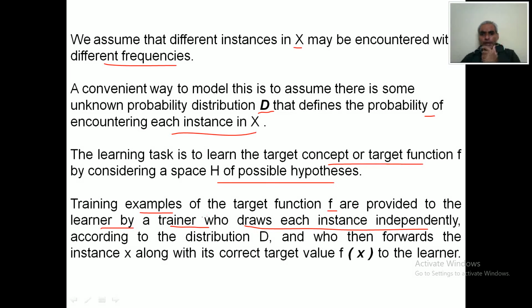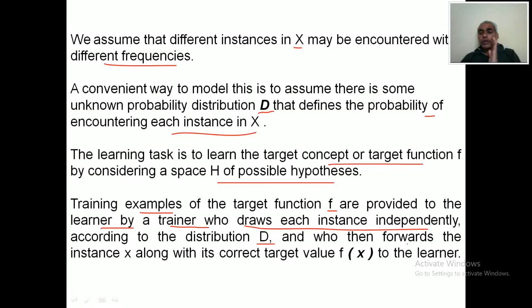So a trainer collects the data and gives it to your learning mechanism, and the machine starts learning. The trainer draws these instances independently according to a distribution D. What is this distribution D? We don't know, normal or skewed or any other. We are assuming an unknown probability distribution.